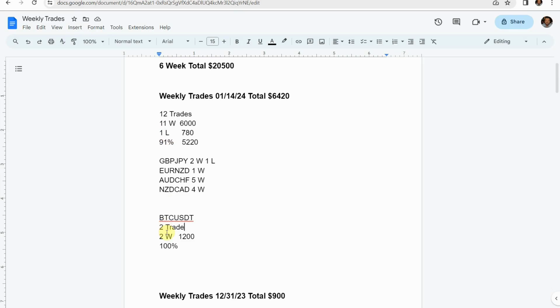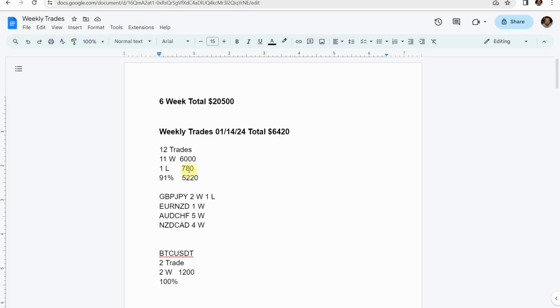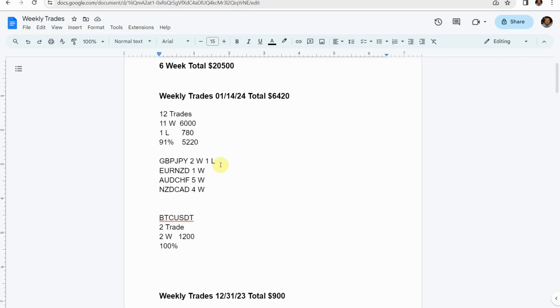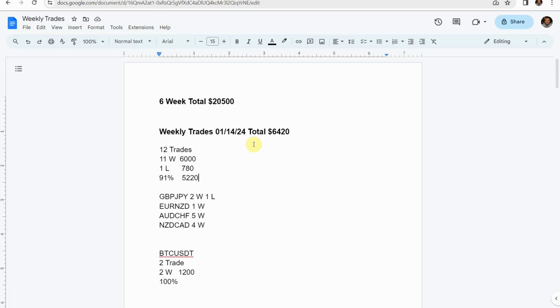So very good week. We are finally getting that momentum back in the market that we are looking for, getting out of that holiday trading season slump. For this week, it would have been the best gains that we would have had so far using this strategy. The gain would have been $6,420.